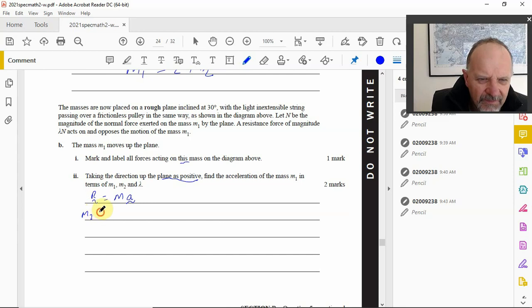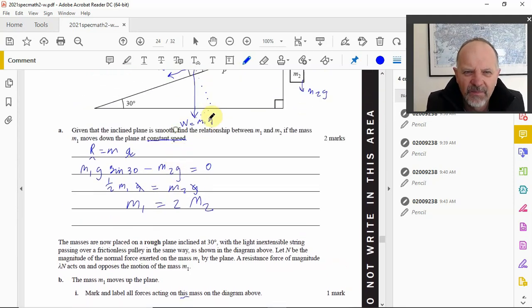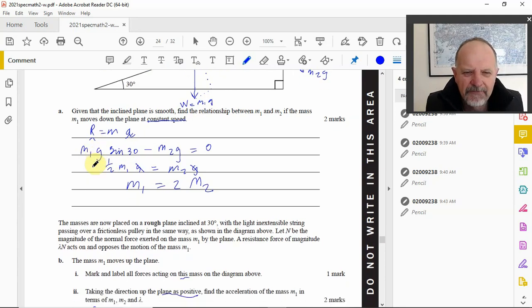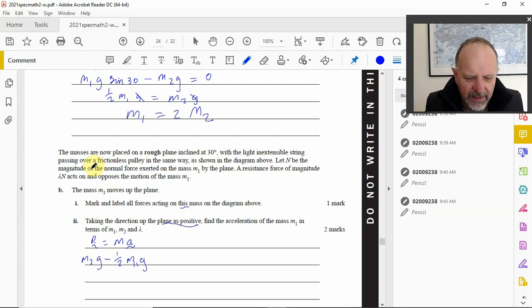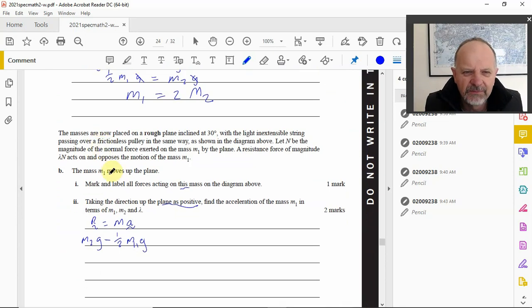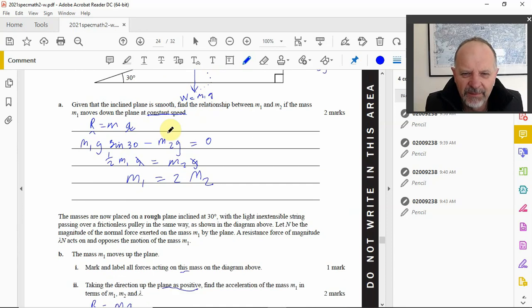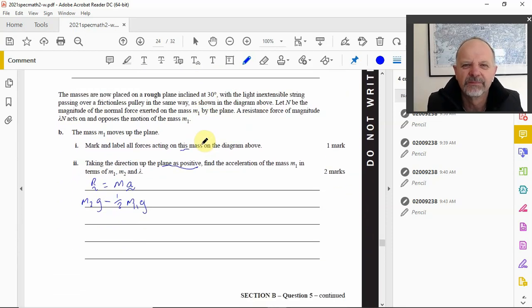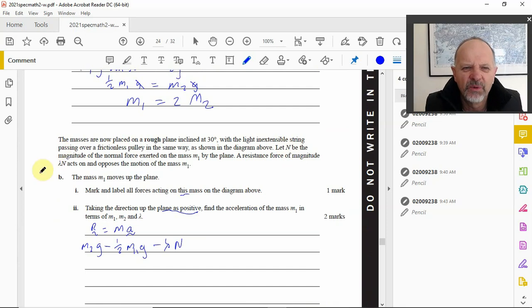So we have M2G, minus a half M1G, that's that component here, which we worked out in part A. And what we've got is minus gamma N. I do need the N, I've just let N be the magnitude of the normal reaction force.